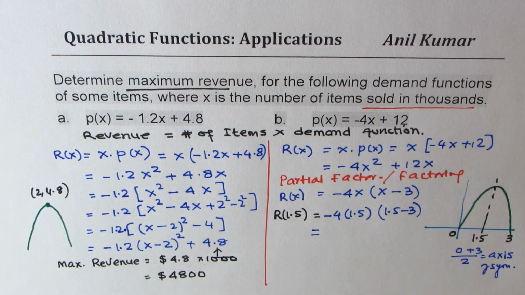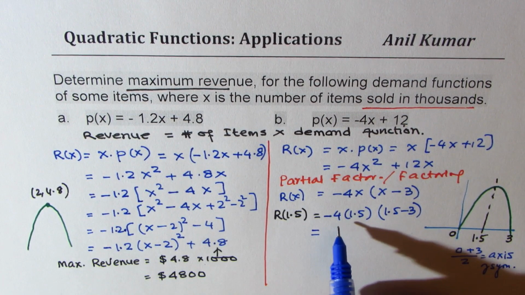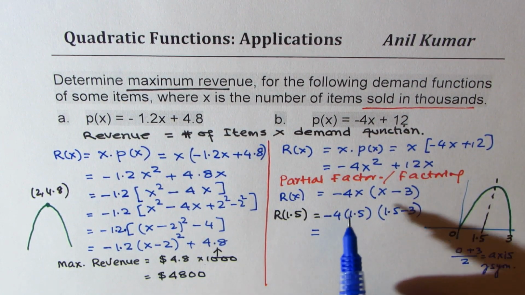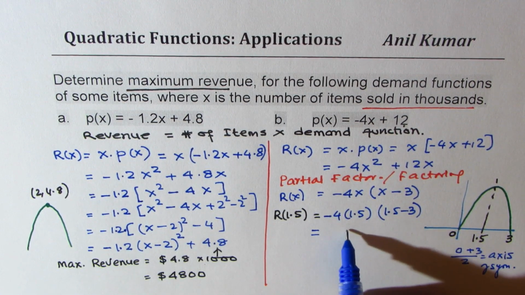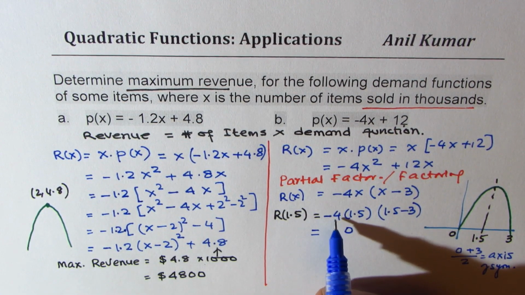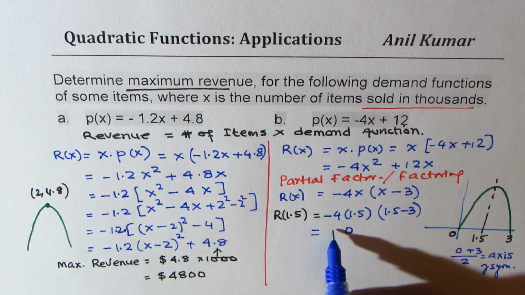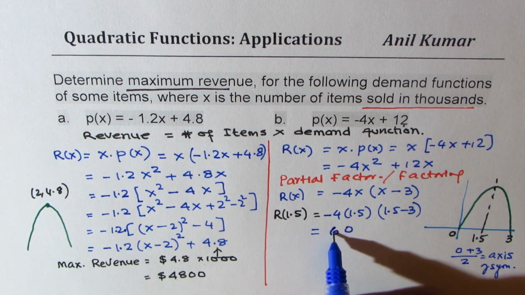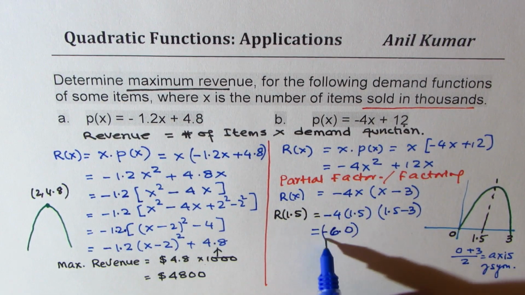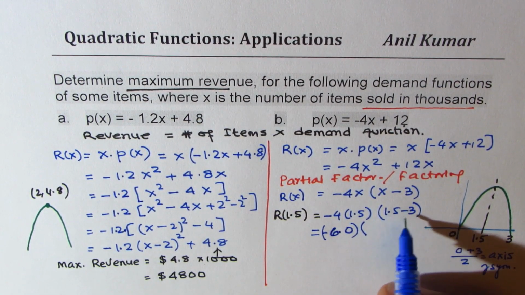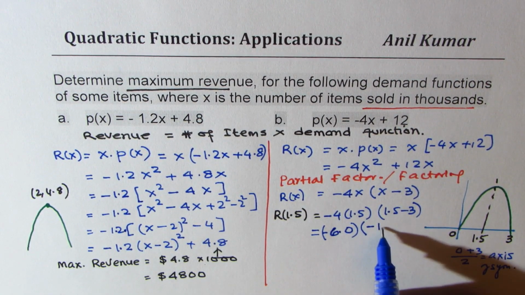Minus 4 times 1.5 is minus 6, so you get 6 here with a negative sign, which has to be multiplied by minus 1.5.